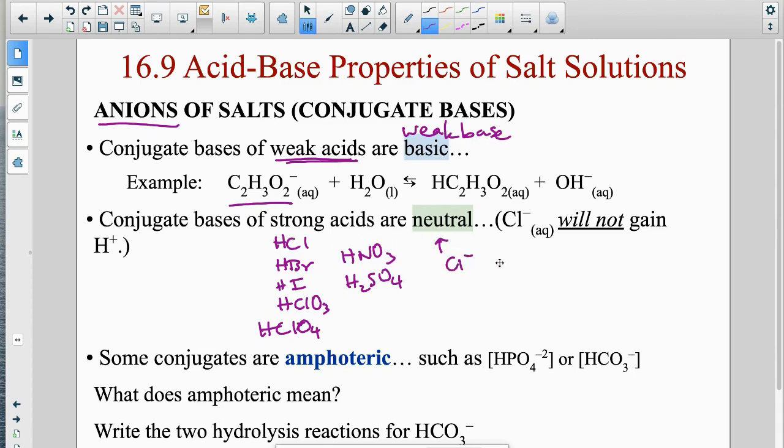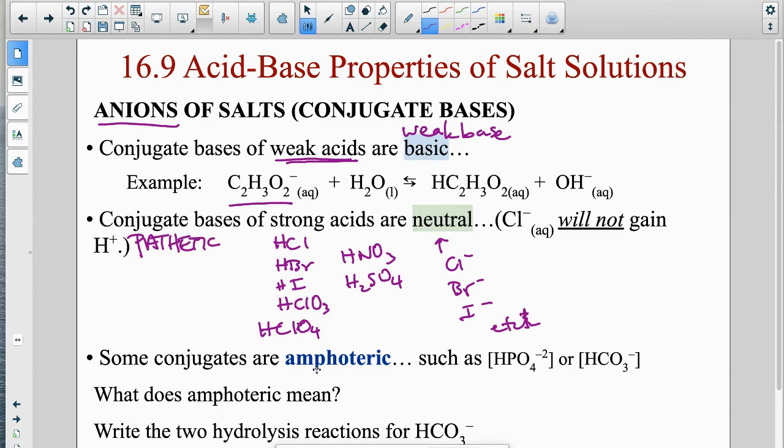So Cl minus, Br minus, I minus, etc. These will not regain the proton, right? That's why they're called strong acids, because they stay dissociated, they stay ionized, and they do not take the proton back. So these conjugate bases, I like to say that they are pathetic as acids. They are pathetic ions that can't react with water.